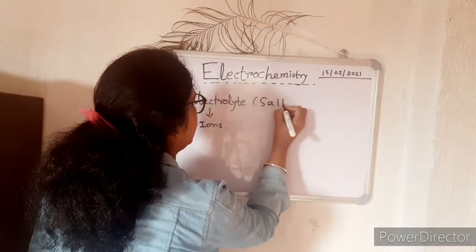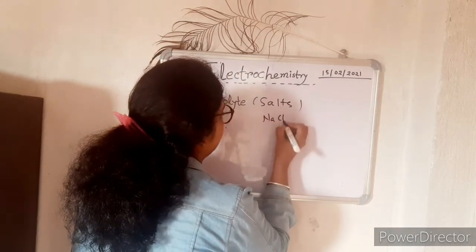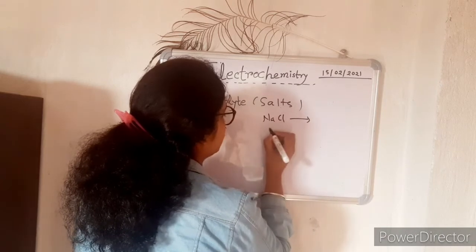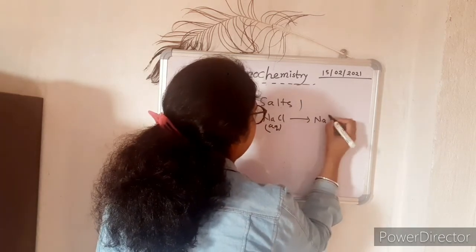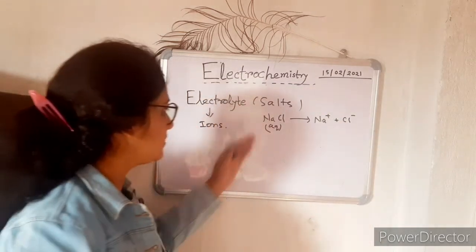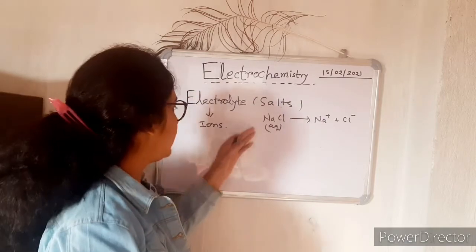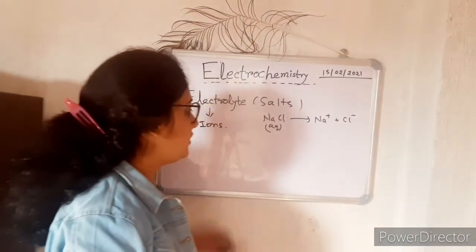Salts are mainly electrolytes, like NaCl. If NaCl is in the solution state, not solid, in the aqueous state, NaCl will be dissociated to Na+ and Cl-. So this NaCl can generate ions in the solution phase. So NaCl is an electrolyte, which can generate ions in the solution phase.